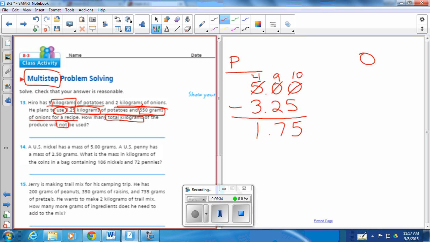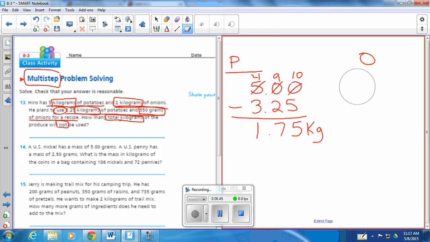So do we have the same units? Okay, so we have to do a conversion first. Since we left this in kilograms, why don't we go from grams to kilograms? So we need to convert 500 grams to kilograms.